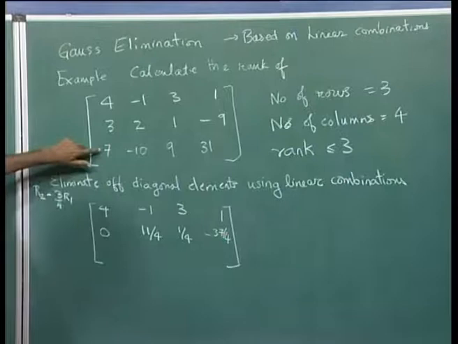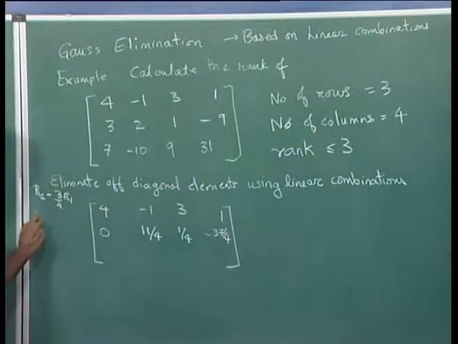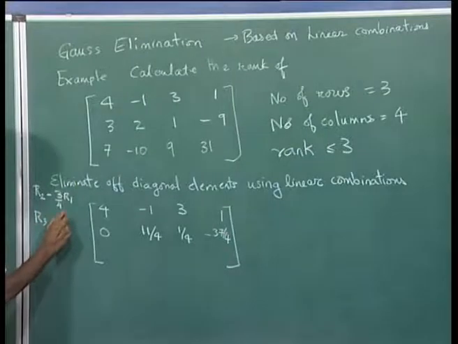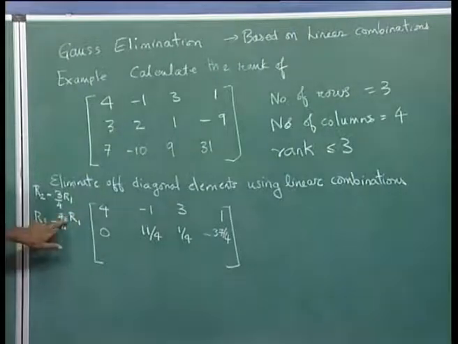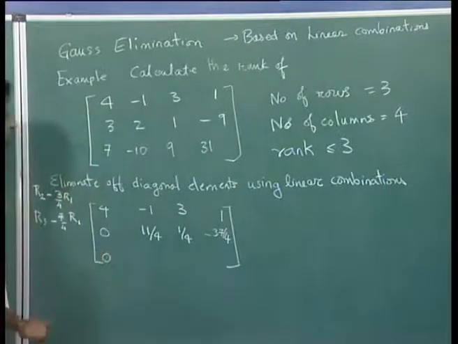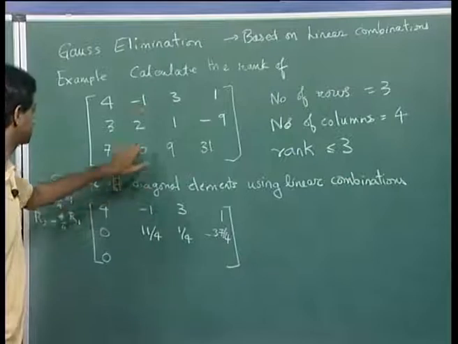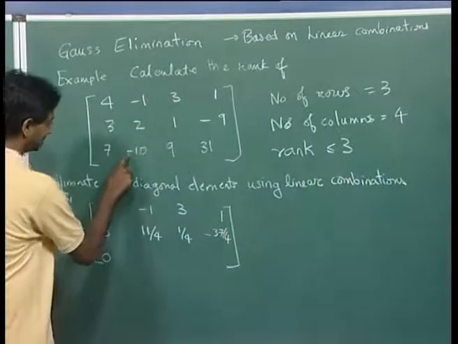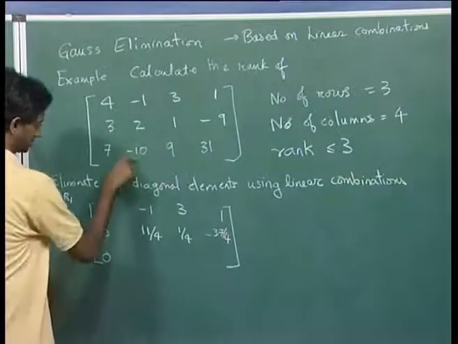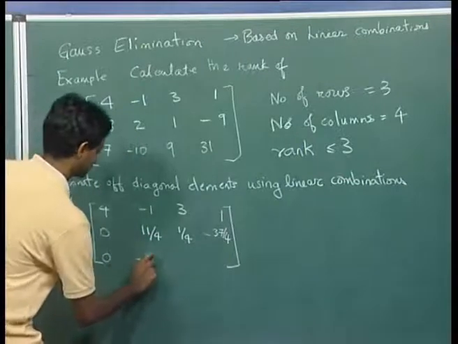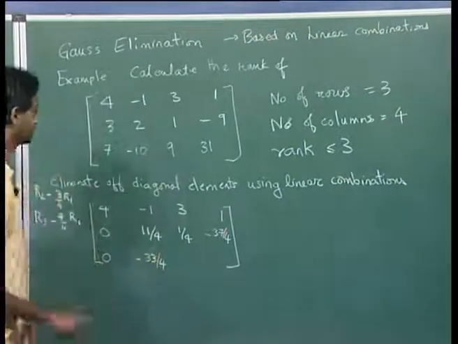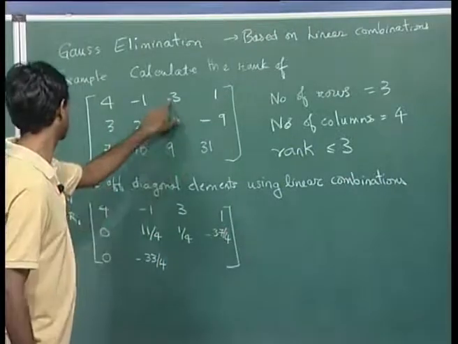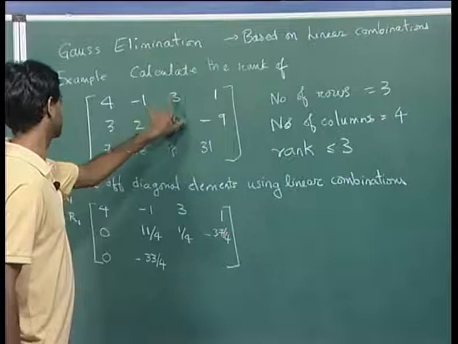Then for the third row we want to convert this to 0. So what we will do is R3 minus 7/4 R1. From the third row elements you subtract 7/4 of the first row, and what you will get is 0.